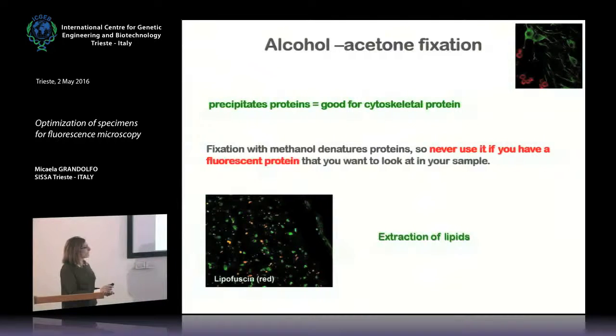And if your protocol allows it, you can fix your tissue with alcohol and acetone, and you will produce an extraction of lipids. This way, you solve the problem of lipofuscin. Okay, you remove it from your tissue.